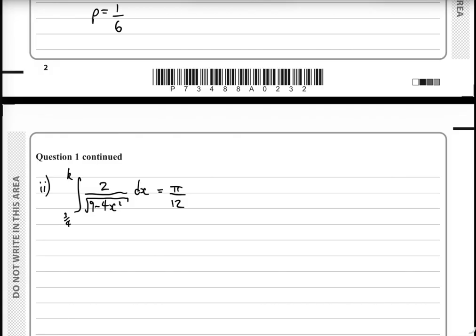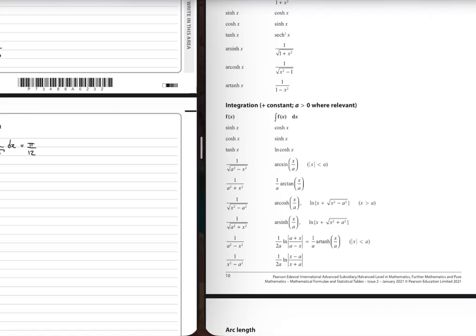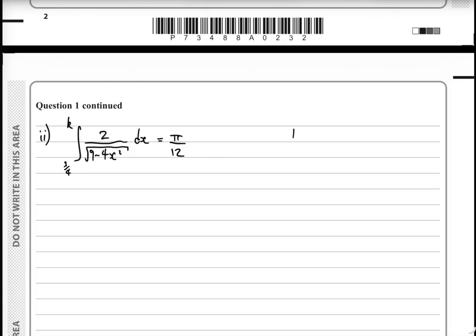Back to the formula booklet, and this time we can see it is this one. We can manipulate it to make it look kind of like this, and that will be arc sine x over a. So if we can get something that looks like a squared minus x squared rather than 4x squared, then that will give us arc sine x over a.